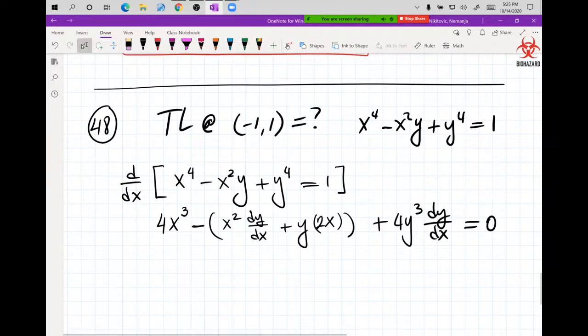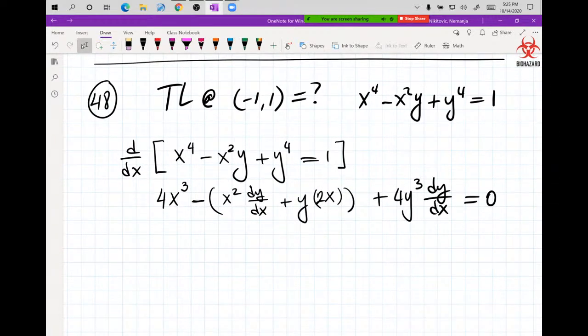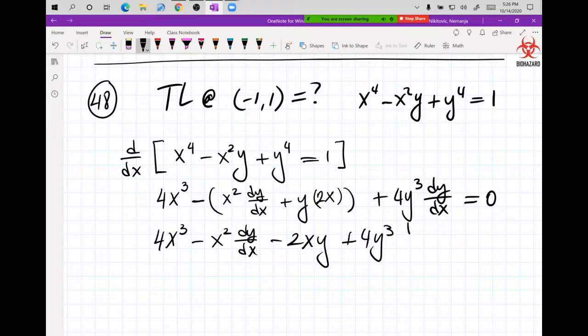Now, you could go and simplify everything, but you could also plug in numbers right away. And then instead of dealing with algebra, you can deal with arithmetic, which is computation. So pick your poison. If you want this simplified a little bit, you can say 4x cubed minus x squared dy/dx minus 2xy plus 4y cubed dy/dx equals 0.